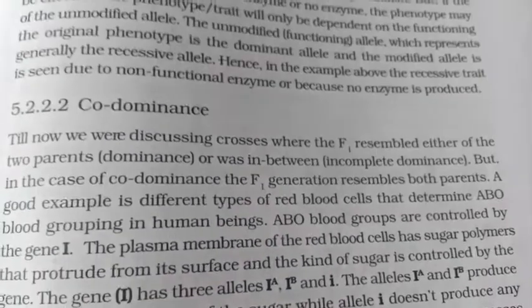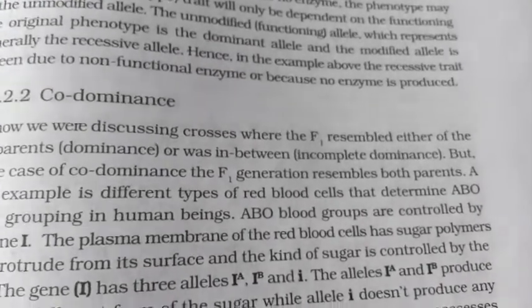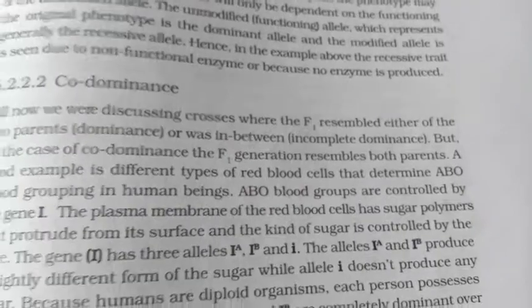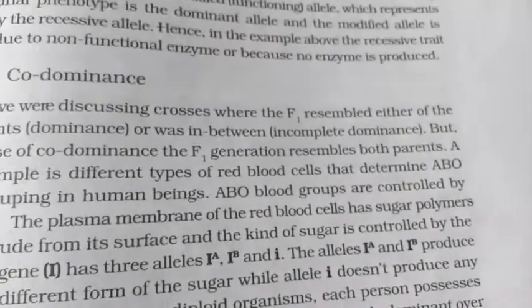A good example is the different types of red blood cells that determine ABO blood grouping in human beings.